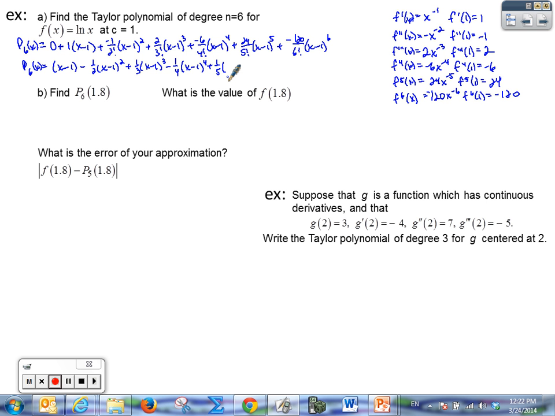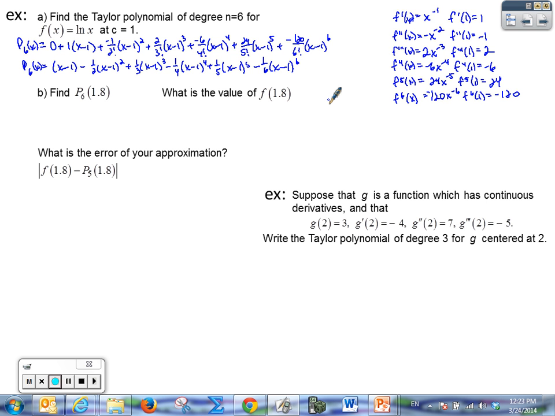I mean, how 24 over 5 factorial is actually 1/5. I just think that is so cool. So 1/5 times x minus 1 to the fifth. And what do you think about this 120 over 6 factorial? It's actually 1/6. It simplifies to 1/6 x minus 1 to the sixth.